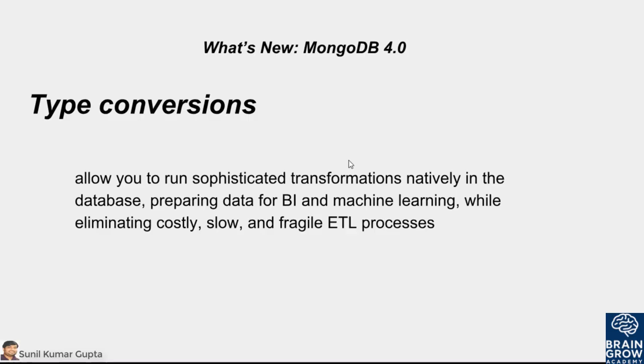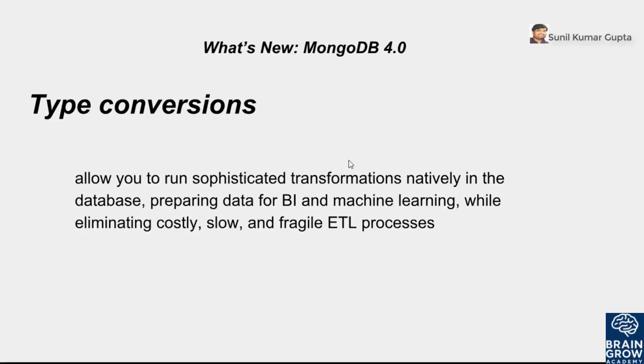You can do that right inside your database using type conversion, and this feature will eliminate the costly, slow and fragile ETL processes. So you need not go with the costly and slow ETL processes. So type conversion will help you in that.